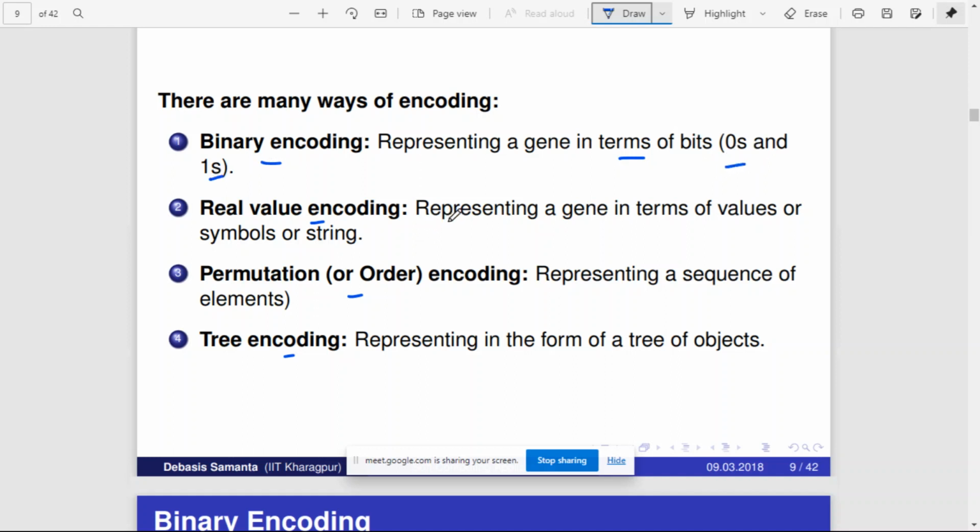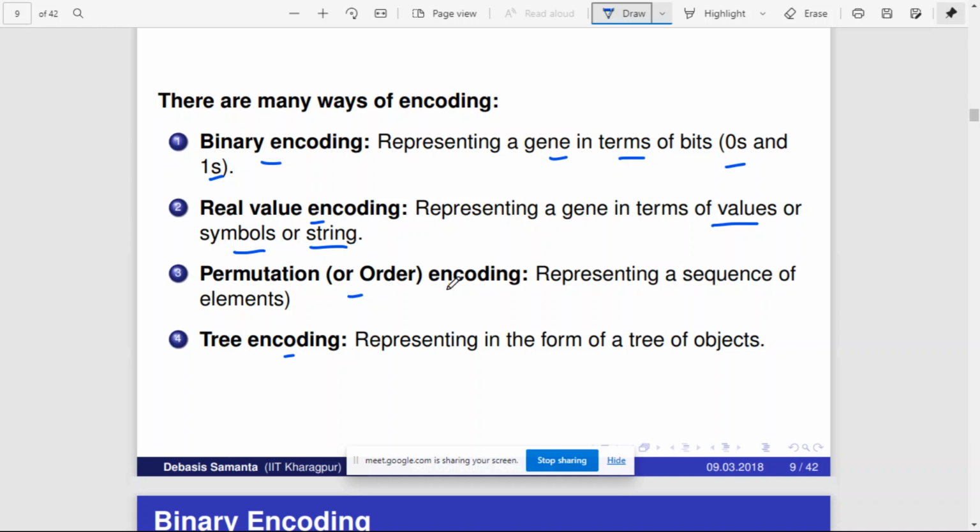In case of real value encoding, we represent the gene in terms of values or symbols or strings. So in binary encoding, genes are represented only through a combination of zeros and ones, whereas in real value encoding, the genes are represented either through values or symbols or through strings.